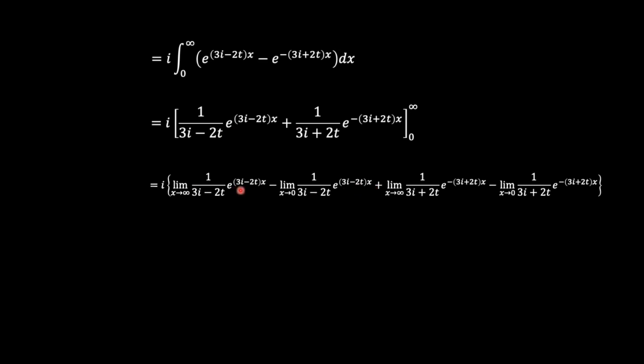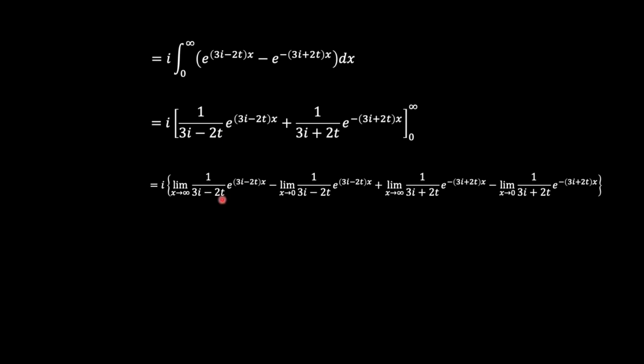As you can see, the 3i component, being complex, is an oscillatory component, but the 2t is the extinction function. So as x goes to infinity, it damps this oscillating function to 0.